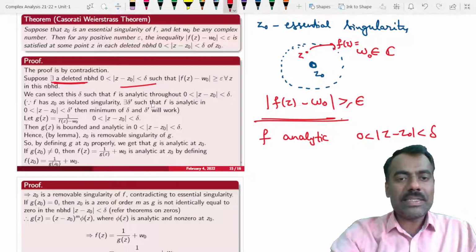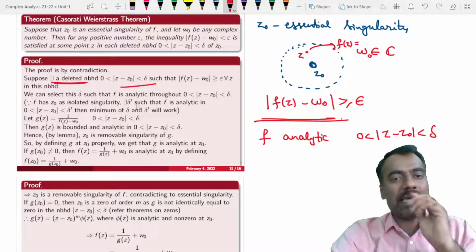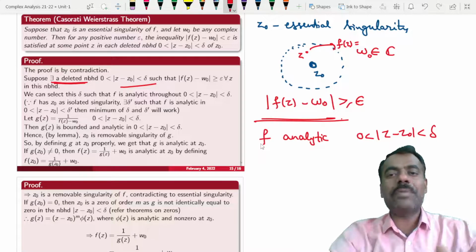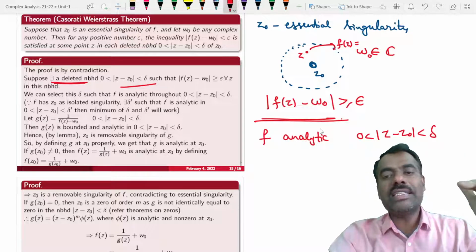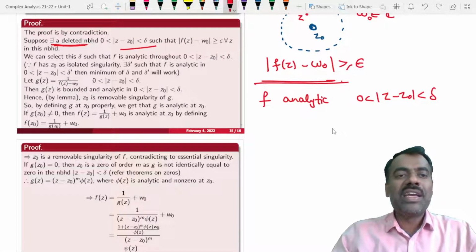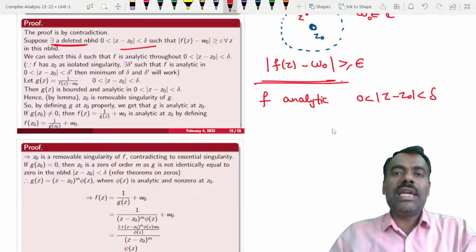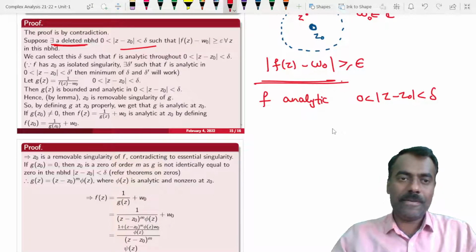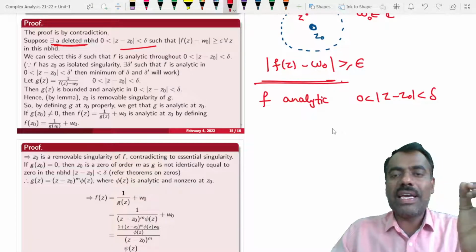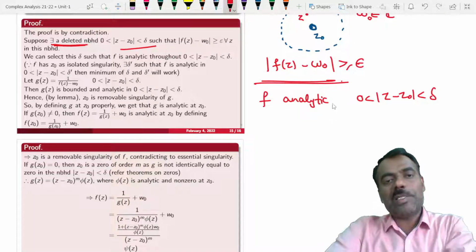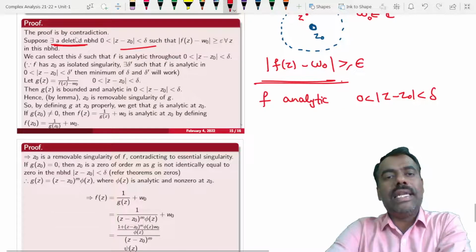What is the meaning of saying that it is an isolated singularity? We can find a neighborhood where, except at that point, everywhere else f is analytic. So there exists some neighborhood, which you can call delta prime, such that f is analytic throughout that deleted neighborhood. Now among delta and delta prime, whichever is smaller, you take that and call it delta. So without loss of generality, we can assume that f is analytic in that deleted neighborhood.